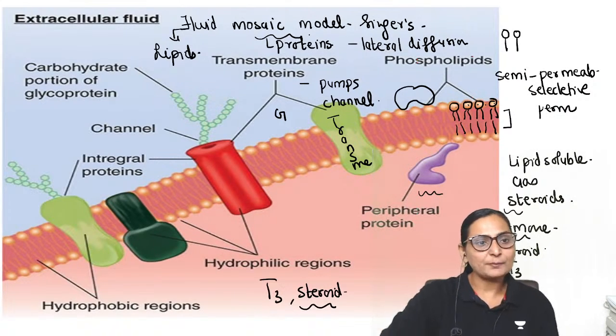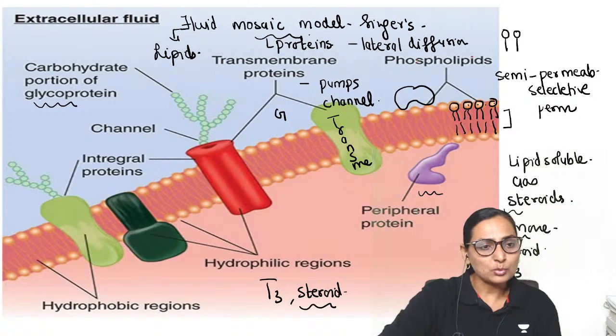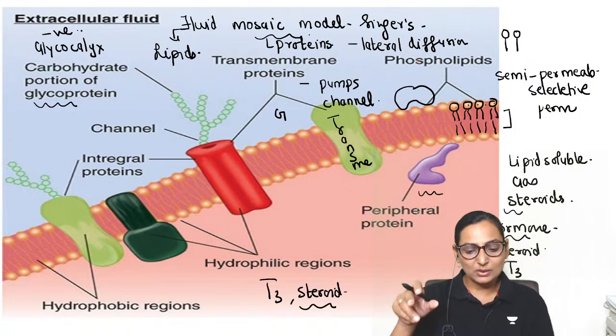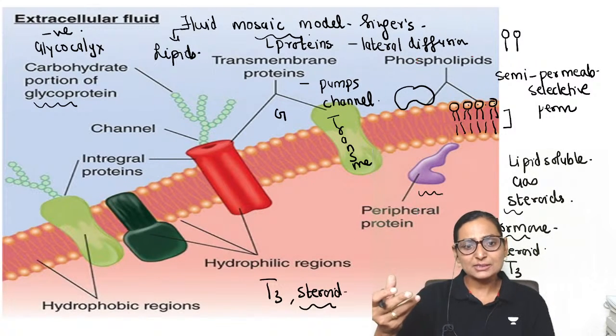Apart from this, the carbohydrate portion of glycoprotein is called the glycocalyx. This is very, very important because it is negatively charged, and because it is negatively charged, it is going to repel. We often ask why the blood is free flowing.